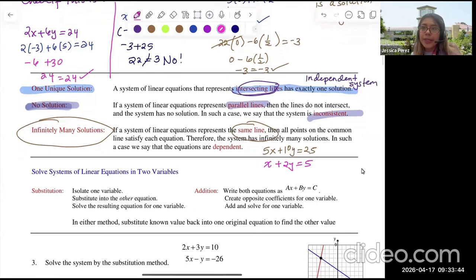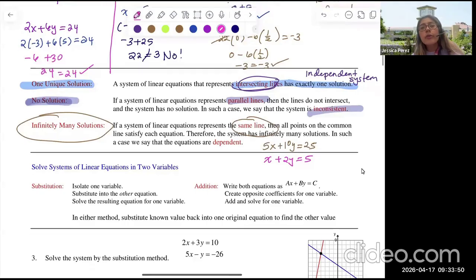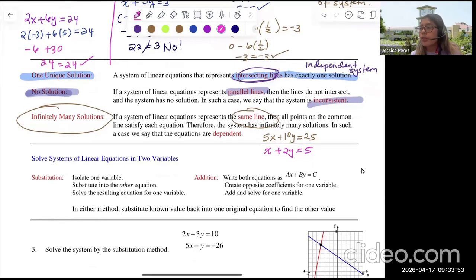So they will be this exact same line. That means that all of the points will satisfy both equations. When you have the same line, these two lines are dependent on one another, and you have infinitely many solutions. Now, how do we solve? There are two methods of solving.